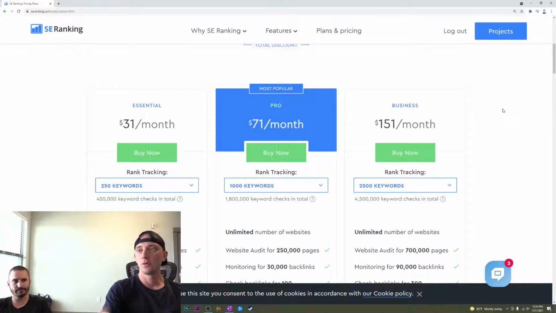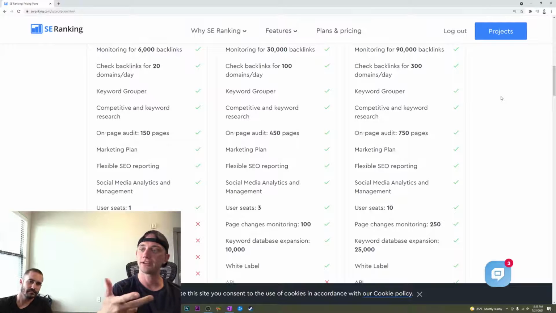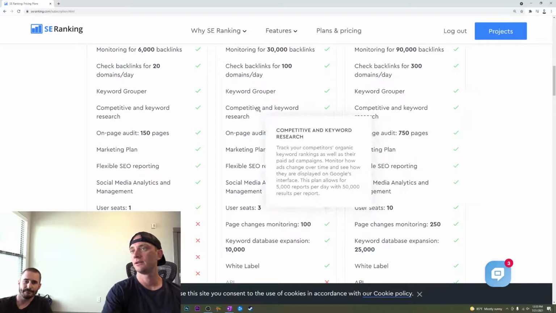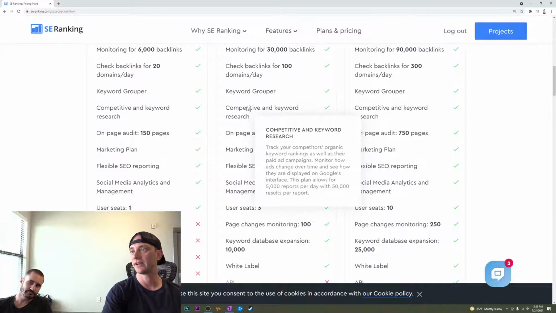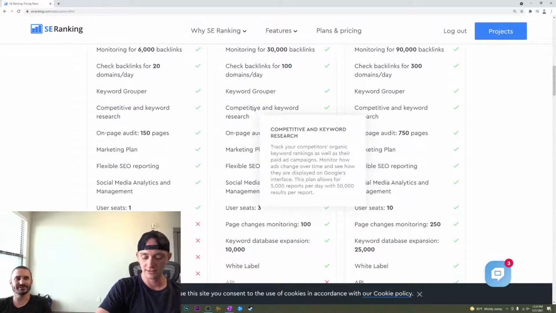One thing that I wanted to check out in SE Ranking for a while, that I haven't really, is when you're creating a new project for a new site, I think it's talking about it right here. You can track your competitors' rankings as well. We don't even do much of that.